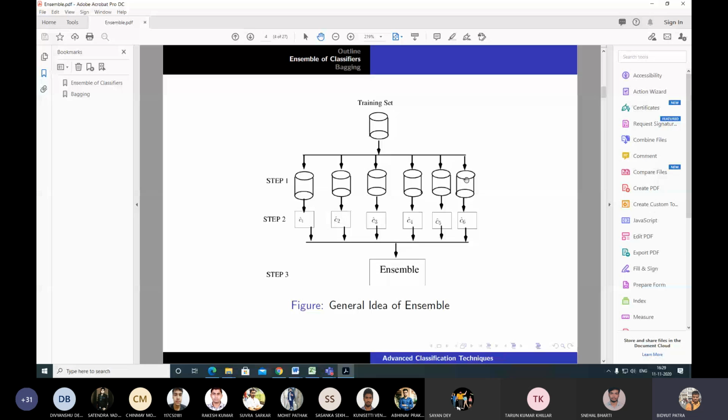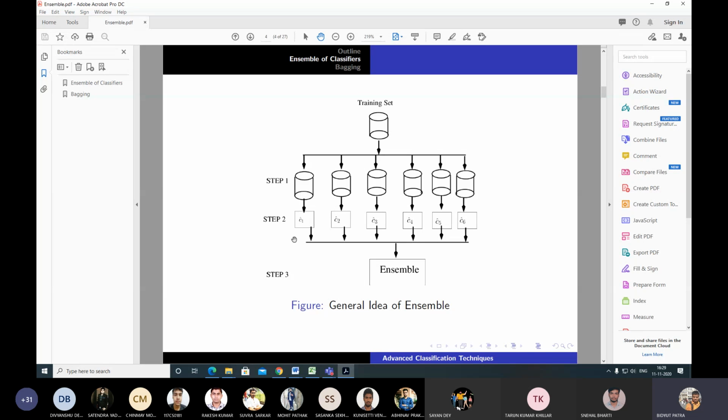Finally you will have 6 models. Whenever you need to identify the class label of an unknown object, you pass the unknown object to model number 1 and see what the class label is. The same unknown object you pass to model C2, and you see the label.